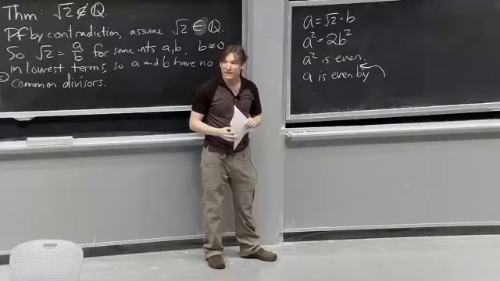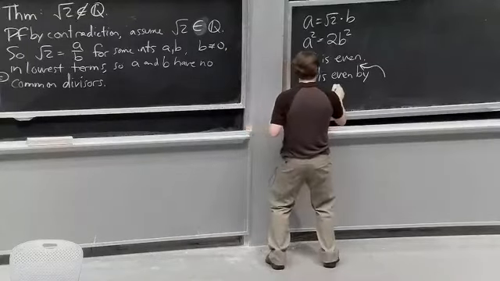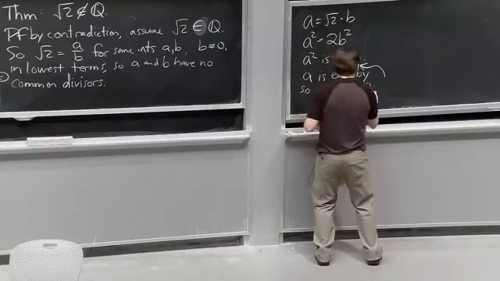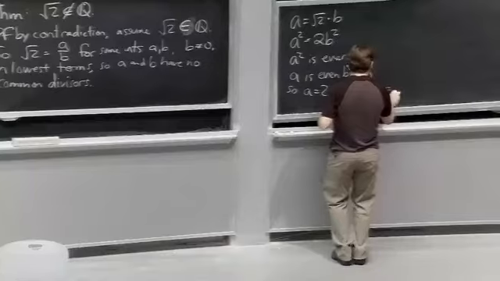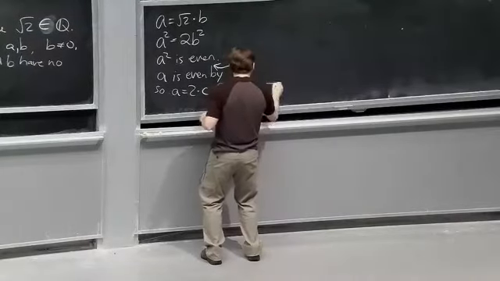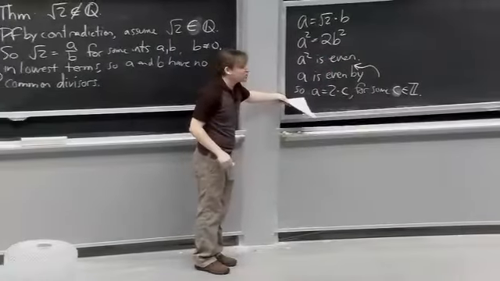Yeah? OK, what does it mean for a to be even? So a equals 2 times some integer c, for some c in the integers. That's what it means for a to be even.